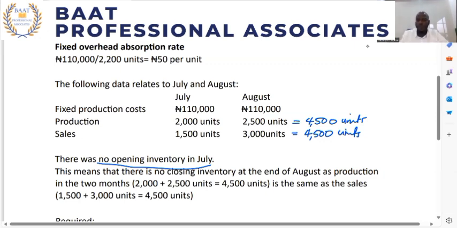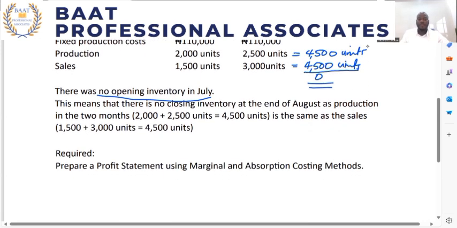So with this, our closing inventory at the end of August will be 0 units. So that's what this narration down here is talking about, that there will be no closing inventory at the end of August. But we have closing inventory in July as 500 units, and by the end of August to be 0. Now, prepare a profit statement using marginal absorption costing method.